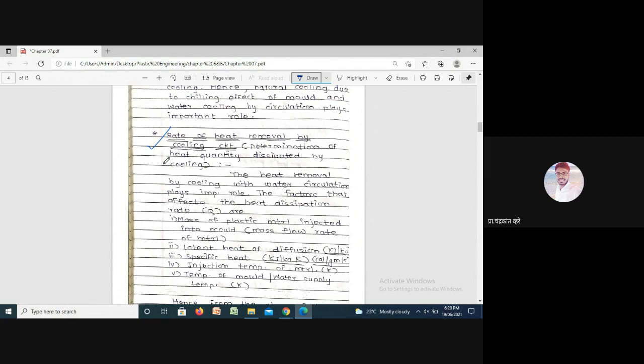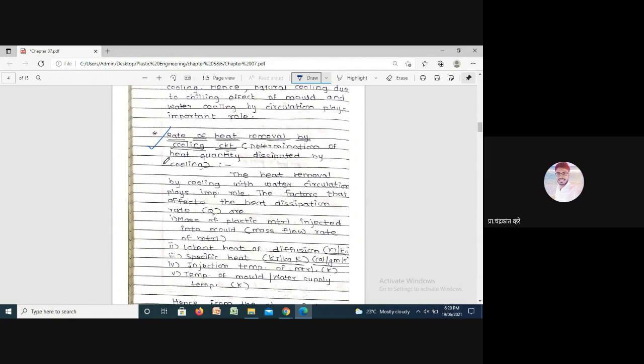Here also in the molding process, we have metallic plates for the upper mold portion and lower mold portion, and we circulate water in the mold body for cooling. As we discussed yesterday, the quality of the product always depends on how the solidification happens, how the cooling process works, and how the temperature is controlled. These parameters play a very important role.